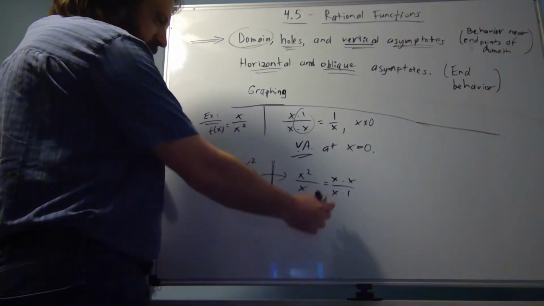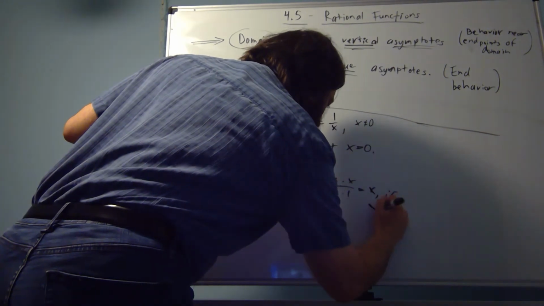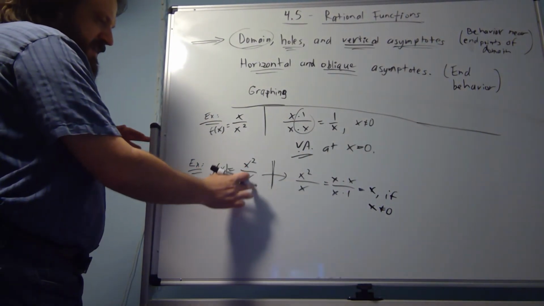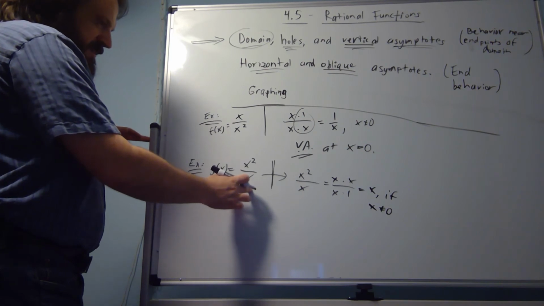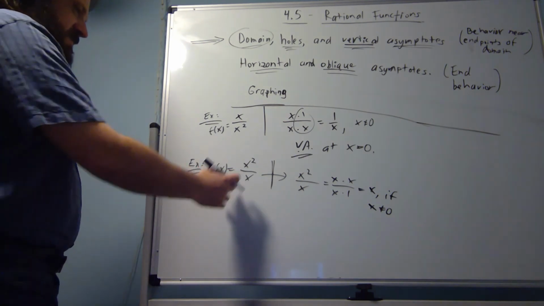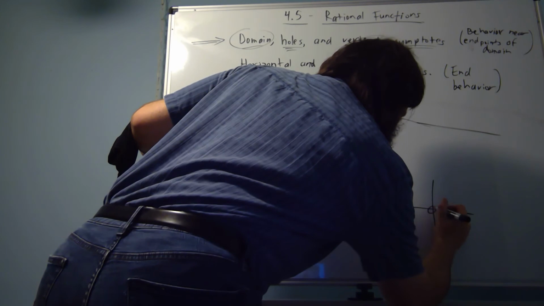It's 0 divided by 0, which is no good. Well, try to plug 3 into this. You get 9 over 3, which is 3, which is just the thing that you started with. You just get x, but x is not allowed to be 0.